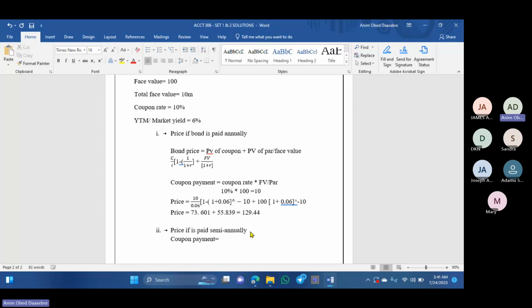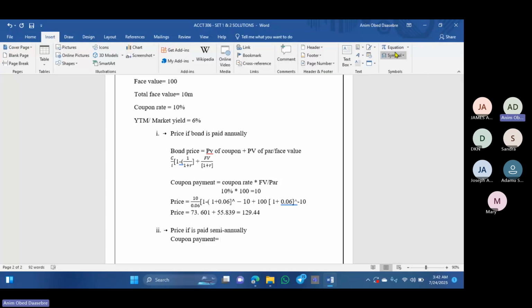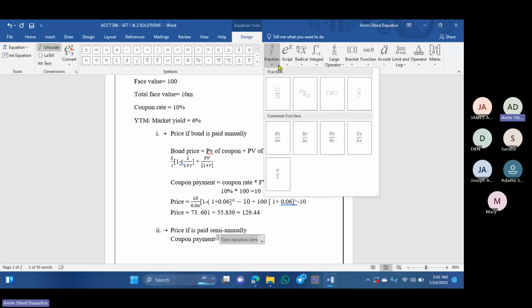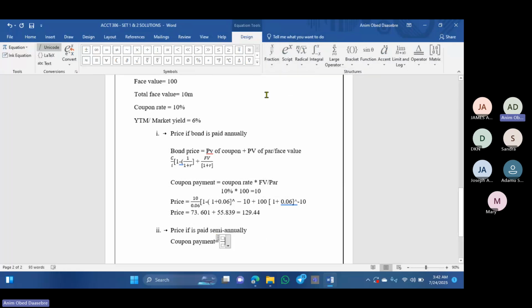So the formula will be the rate. Now the rate, we are going to adjust the rates. So 10% divided by 2. We have to divide the 10%. The 10% is for the whole year. So half of 10% will be 10% divided by 2.